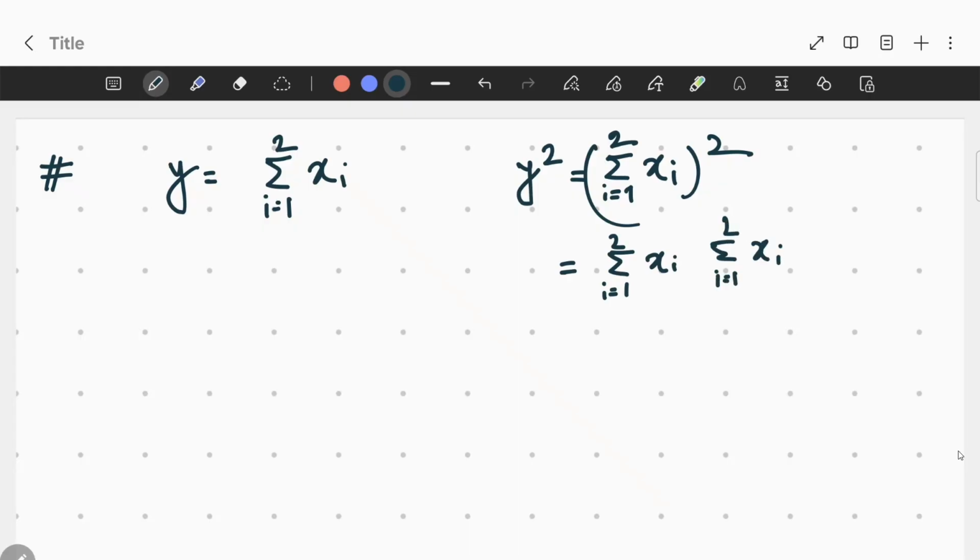Yes. So why can we not write it as xi square? In general, there is an extra term. How can you write it?